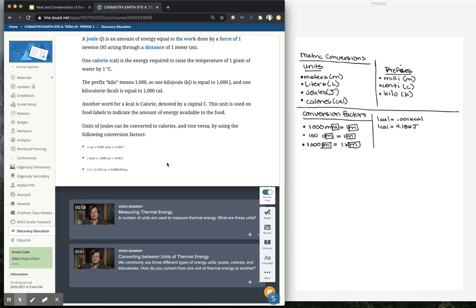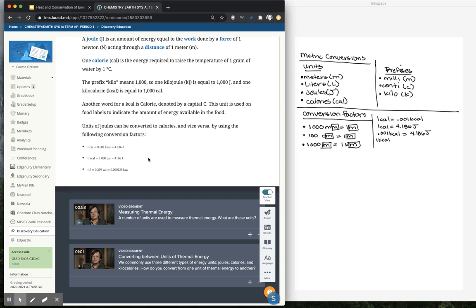Which also means that the 0.001 kilocalories is equal to that 4.186 joules.